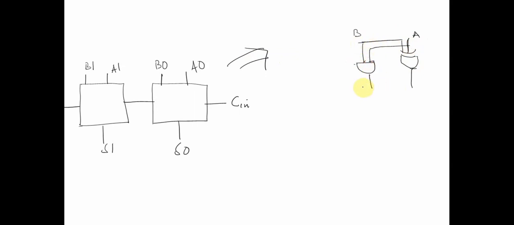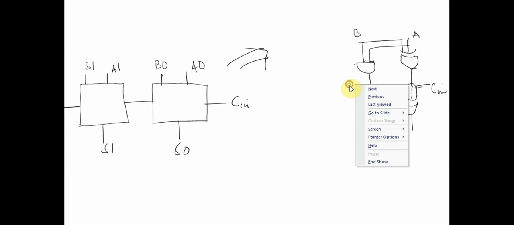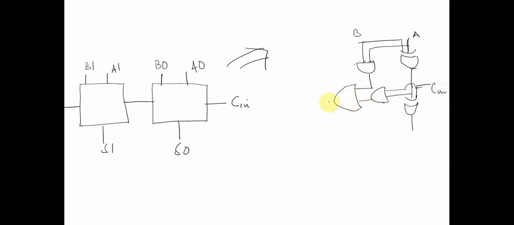Then we have one more XOR gate with this Cin which is coming in, and the Cin is ANDed with this XOR output. Basically this is becoming a bit messy, and this output is then ORed to give us our carry out. This is our sum out, correct?